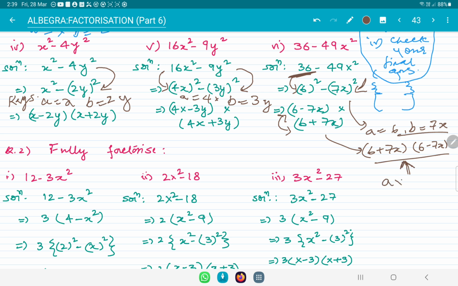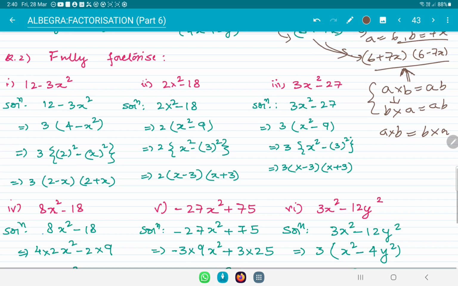What does it say? If a into b, its answer is ab. If we write this as b into a, it is also ab. So a multiplied by b is equal to b multiplied by a. This is known as the commutative law of multiplication, which we can use here also. So if you change the position of your brackets, the answer won't change.